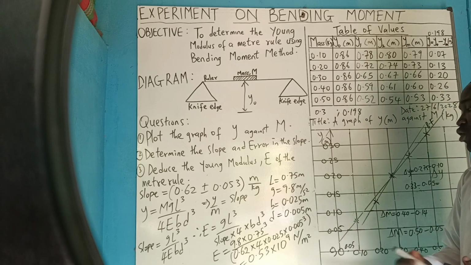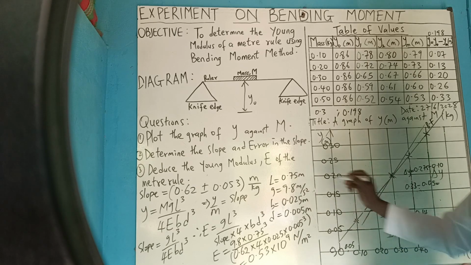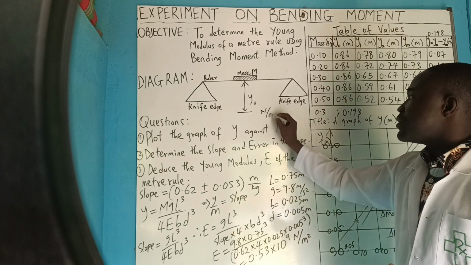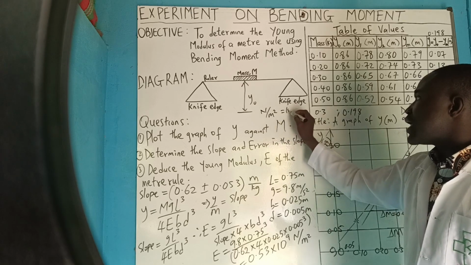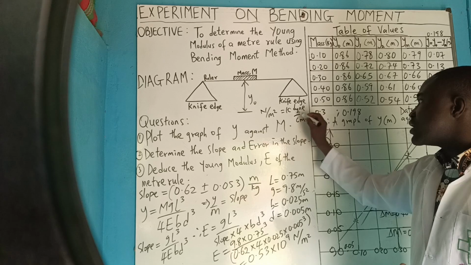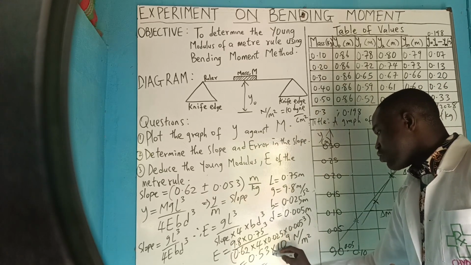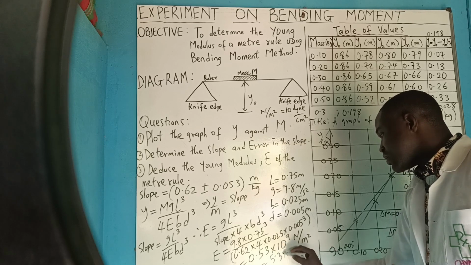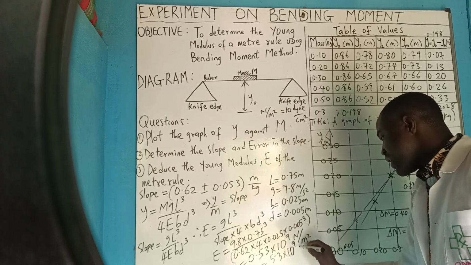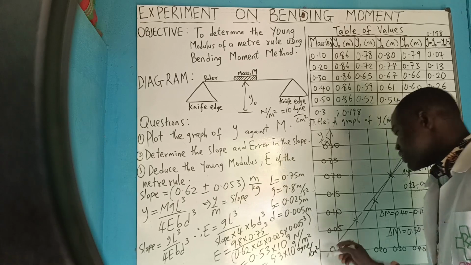If someone wants to convert it to dyne per centimeter squared, we say that Newton per meter squared is equal to 10 dyne per cm squared. And so I have to multiply this by 10, which equals 5.3 times 10 raised to the power of 9 dyne per cm squared.